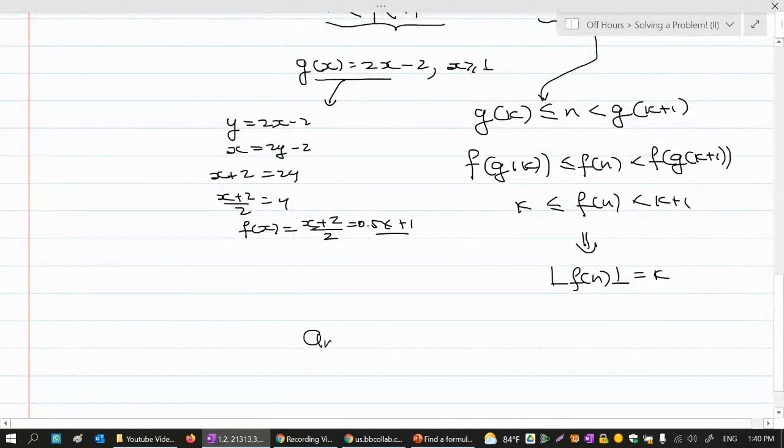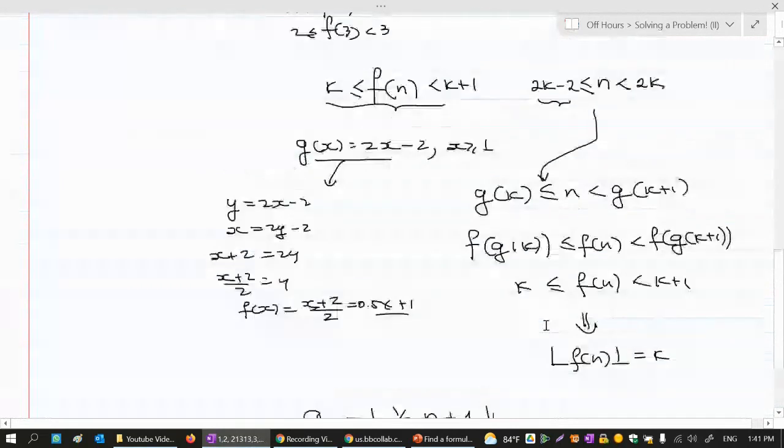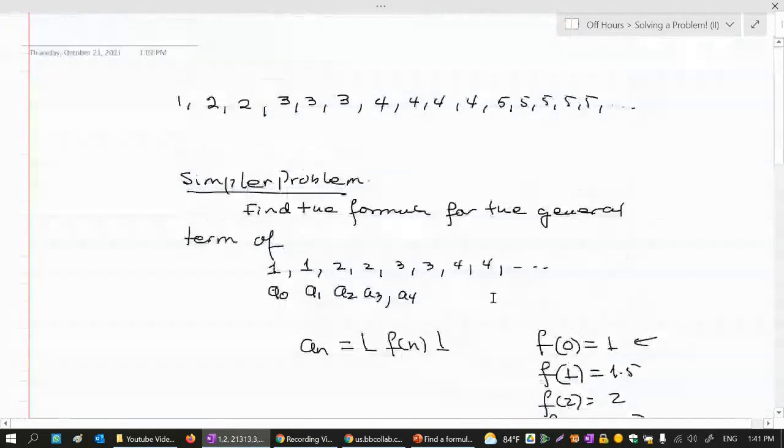Again, the solution is a sub n is equal to the floor of 1/2 times n plus 1. This is a possible formula for the simpler sequence that we introduced.